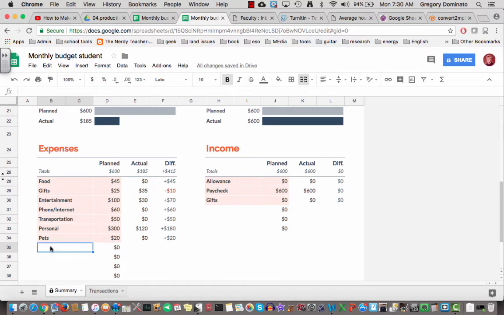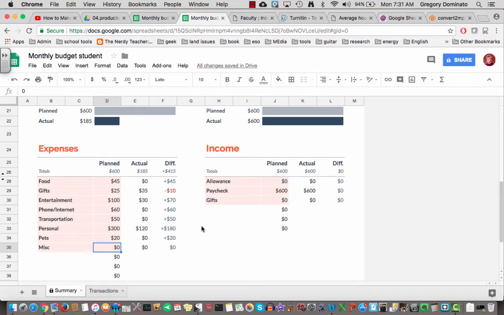There might also be a miscellaneous category. And notice when I entered that, the formatting of the cell automatically changed to reflect that there was information in there now. Over on the income side, I get an allowance from parents. I usually work 15 hours a week, maybe more in the summer, and I get some gifts. These gifts are expenses. Those are gifts I buy for other people. These gifts are gifts I receive.